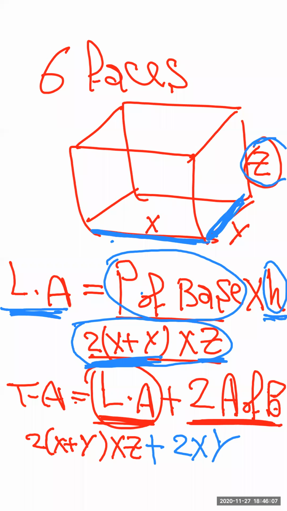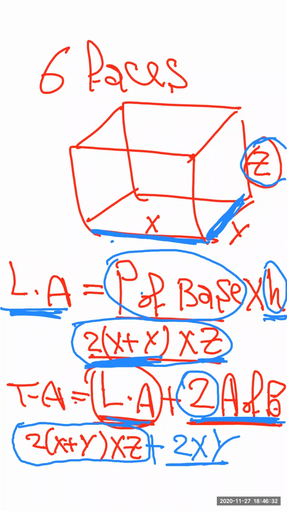The total area equals the lateral area, which is 2 times x plus y times z, plus twice area of the base. The base is a rectangle, so the area of the rectangle equals length times width. So x times y, and it's twice area of the base, so 2xy.